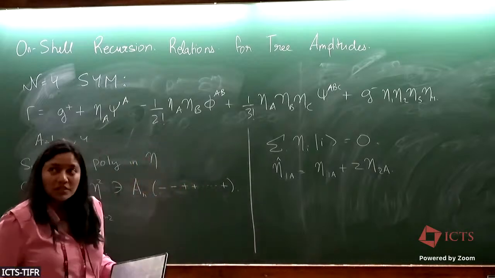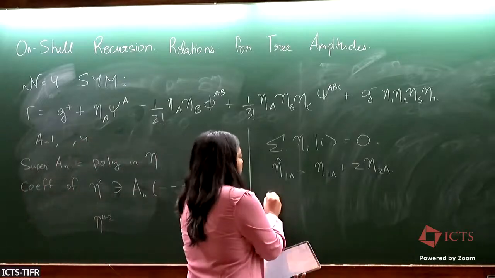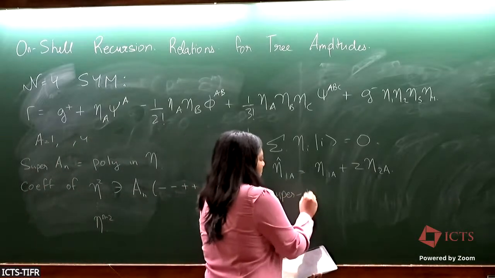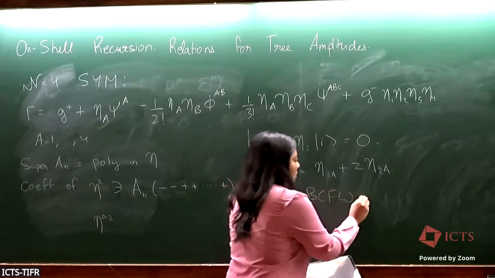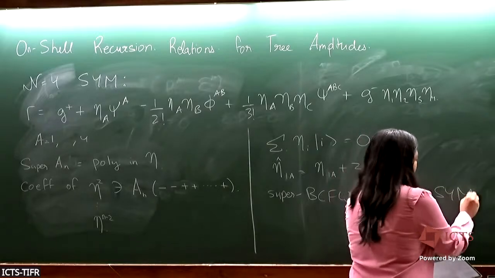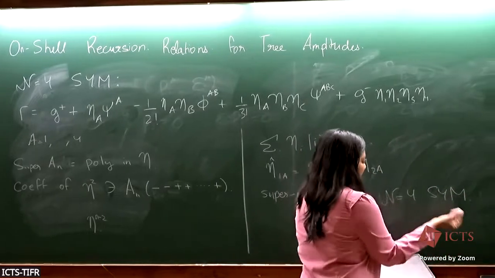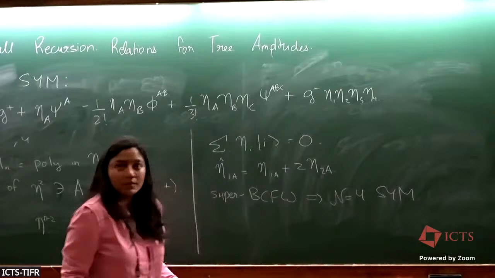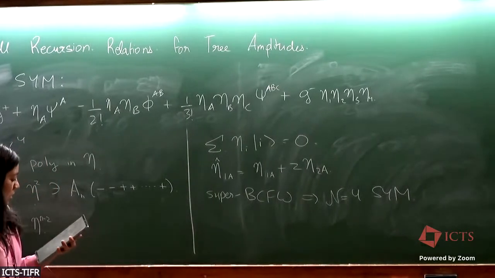So when I do this with the BCFW shift, you get a super BCFW shift, which then will give you n equals 4 super Yang-Mills, for example. N equals anything super Yang-Mills. Okay?